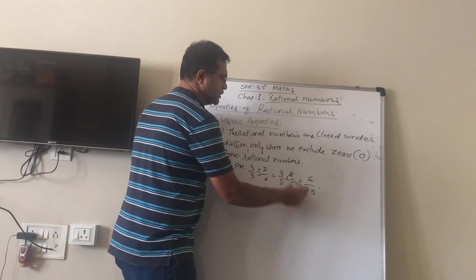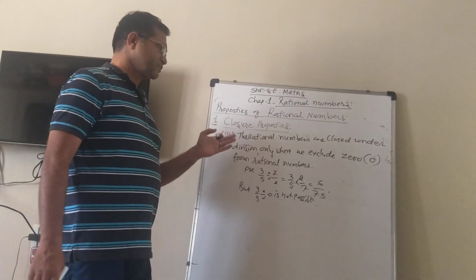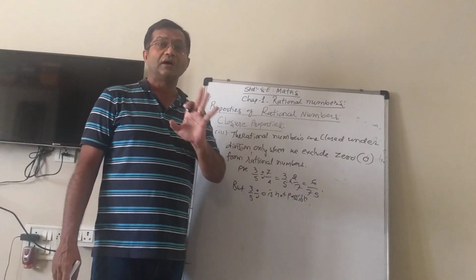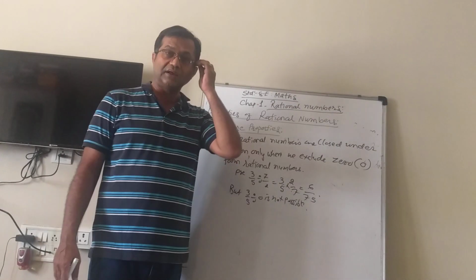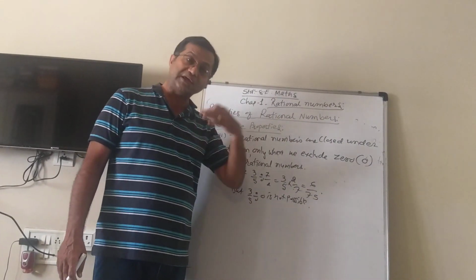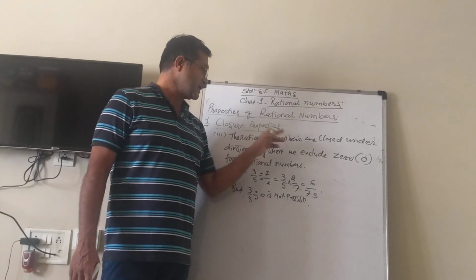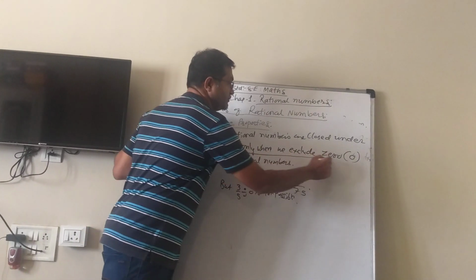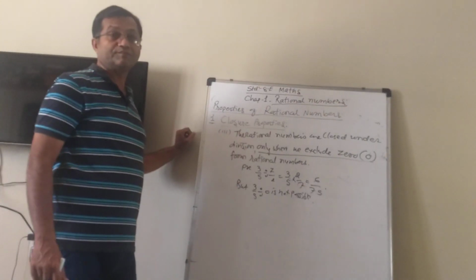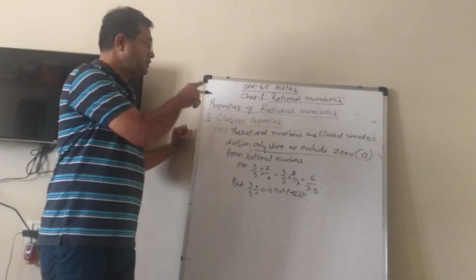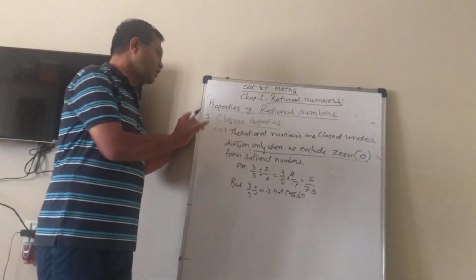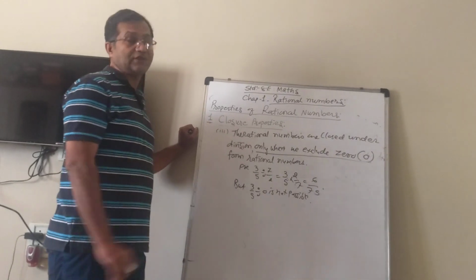So here we can say that if you include 0, then they are not closed under division. But if you take out 0, you can exclude 0. Therefore we have written here that only when we exclude 0, then and only then the rational numbers are closed under the operation of division.